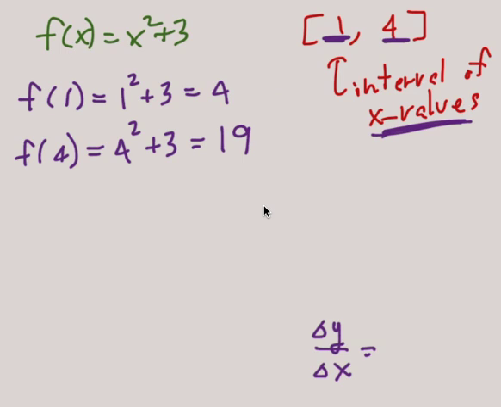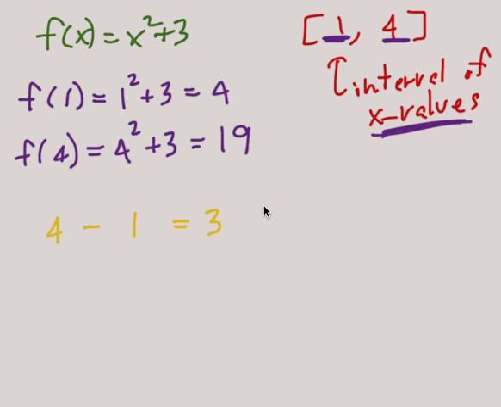So what that means is if I go down here, the change in the y values would be 19 minus 4. The change in the x values, I say, well, I have 4 and I have 1. I want to know the difference in them, so I'll subtract those to get 3. So I have 4 minus 1 right here.